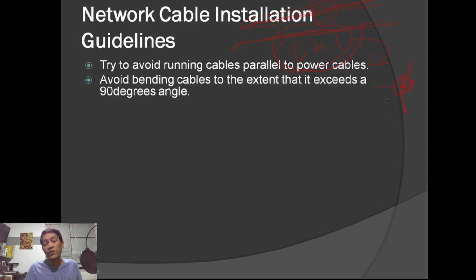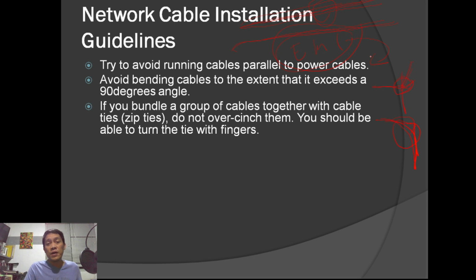If you really need to bend the cable, as much as possible hindi masyadong pointed tong pagkakaliko nito. So avoid bending cables to the extent that it exceeds 90 degrees angle.